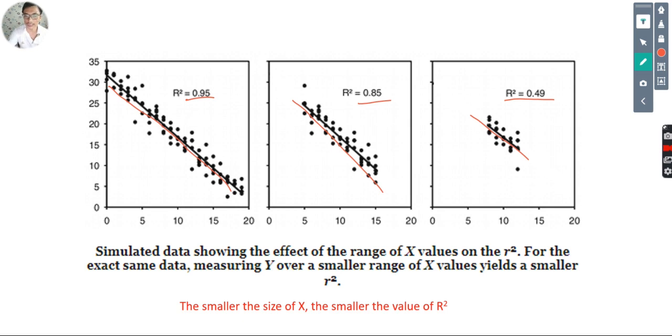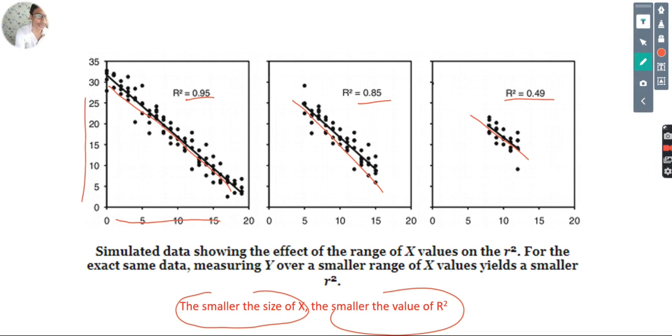What is the reason? The smaller the size of X, the smaller the value of R square. The values of Y depend on X, right? The number of X you consider, you will get an equal number of Y. So we need to look at how many X we are taking, because that will decide whether there is a good regression model.